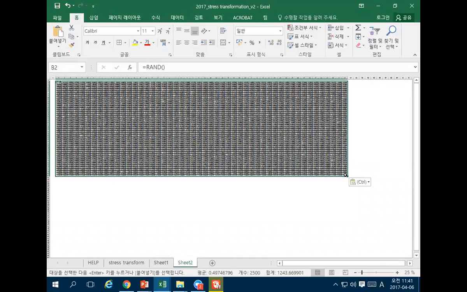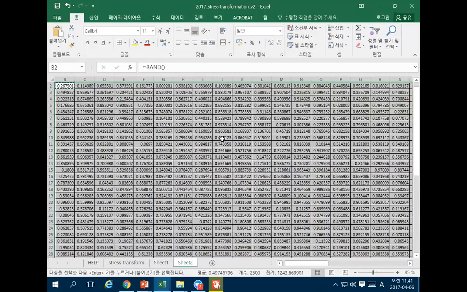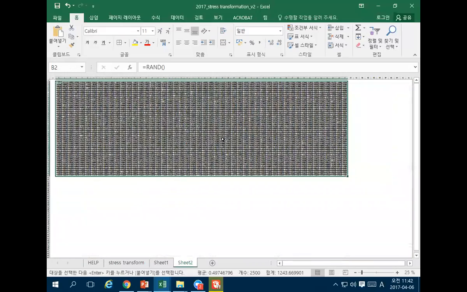And here so we got all random numbers 50 by 50, and then we inverse this matrix.